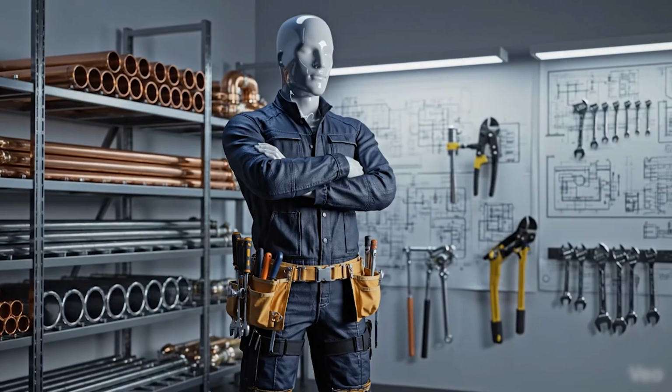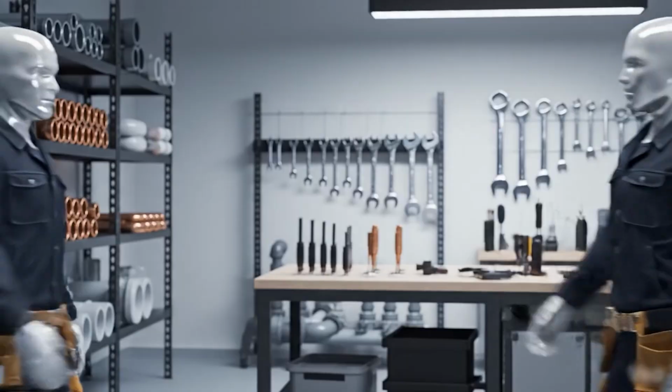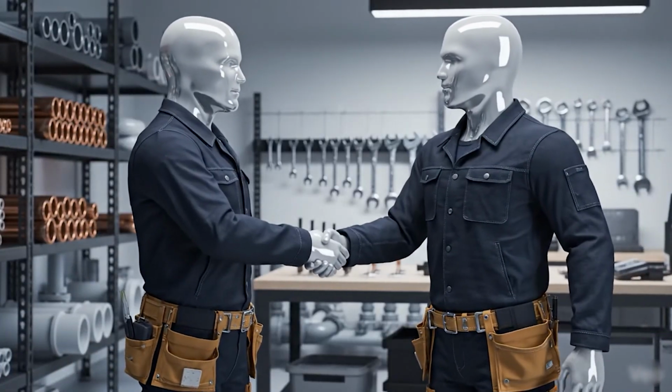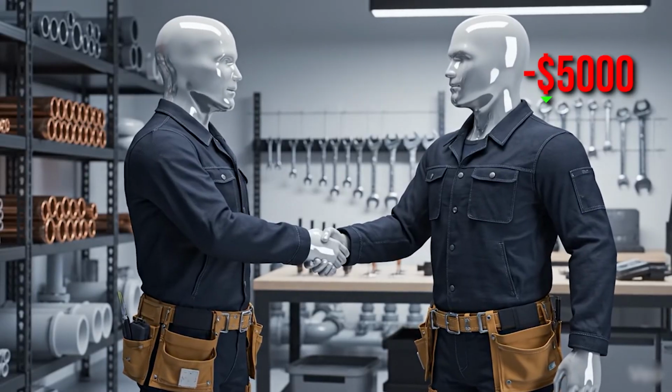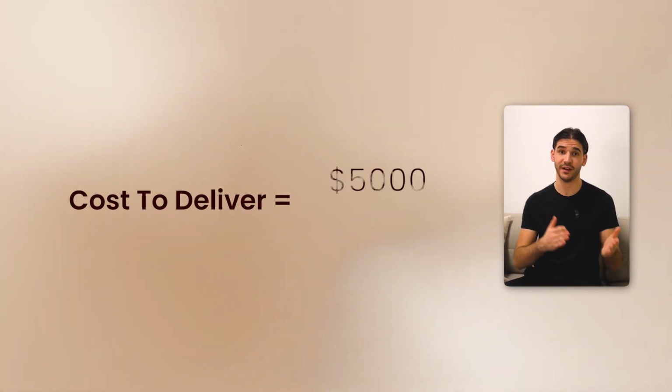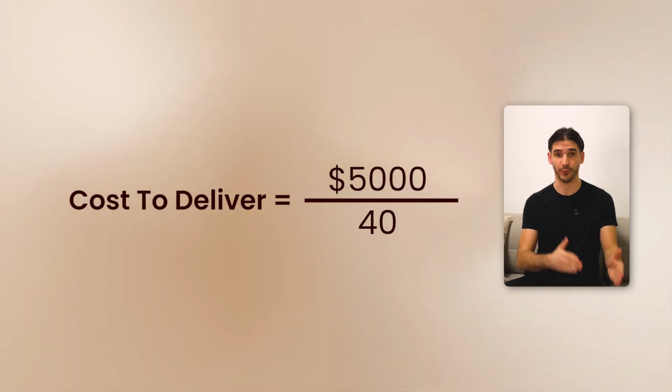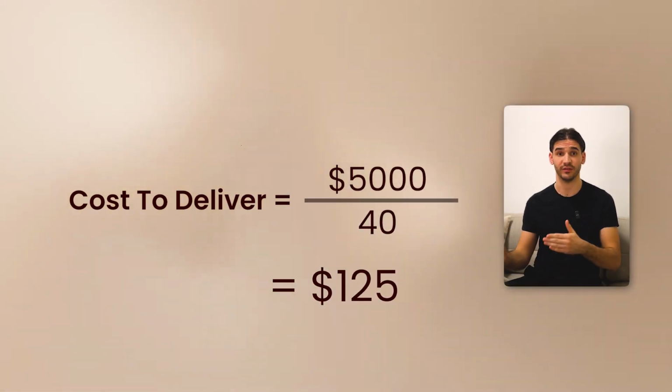When it comes to services, even though it's not a product, it still costs you money to deliver the service. Let's say, for example, you're running a plumbing company. You employ one plumber who costs you $5,000 in labor each month. He can do 40 jobs each month. This means that your cost to deliver each job is $5,000 divided by 40, which is $125.